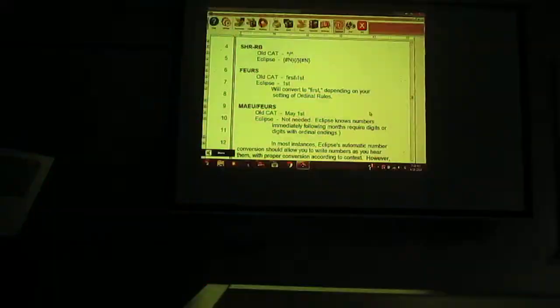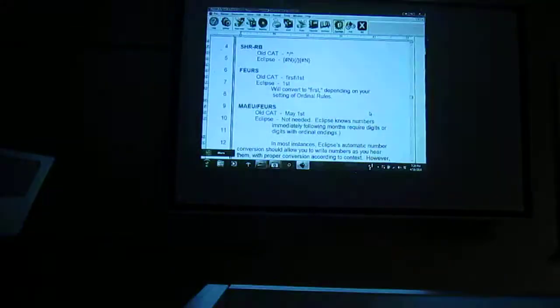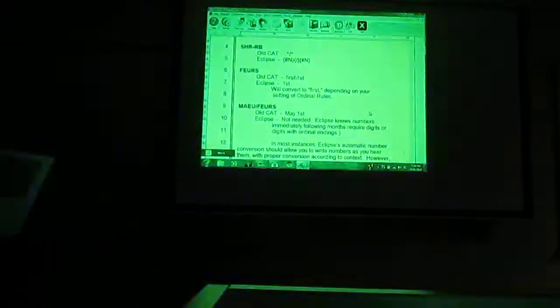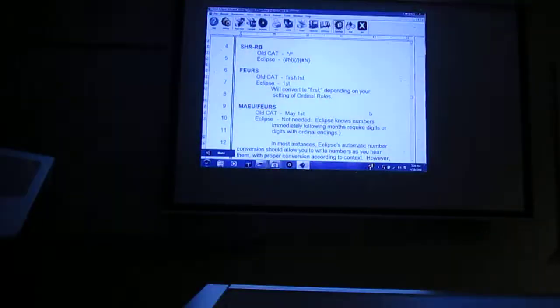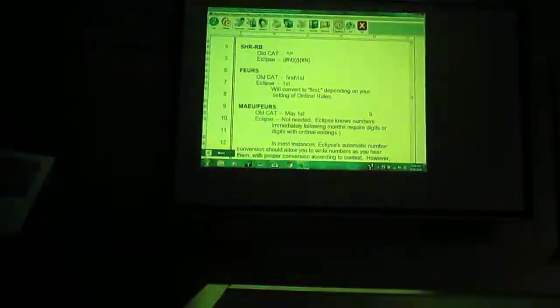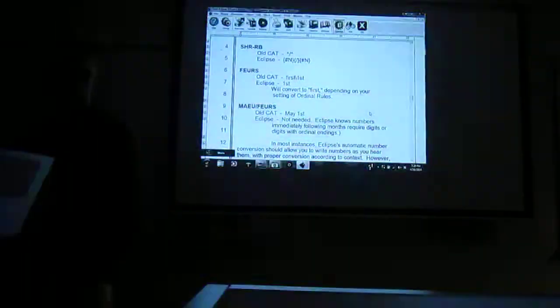Because when you're writing a date, you don't want May 1st, comma 2014. Sure you do. No, you don't want the ST on it. You stroke out what they said. He said May 1st, 2014? Well, they have to say May 1. Okay. If he or she says May 1, then you put May 1, 2014.